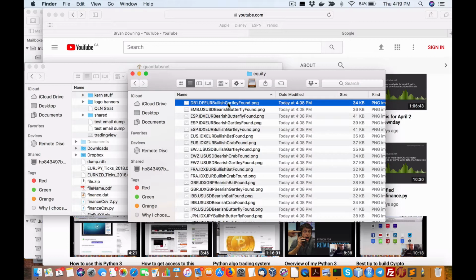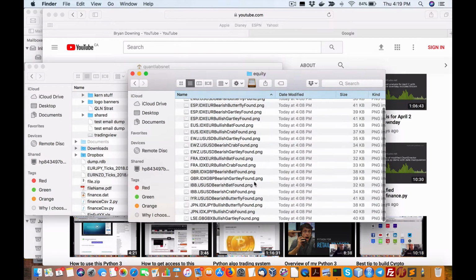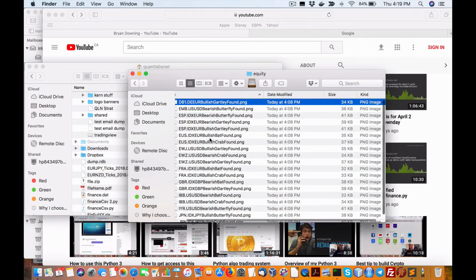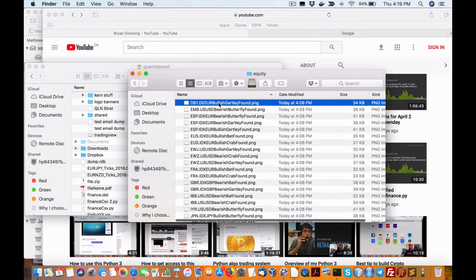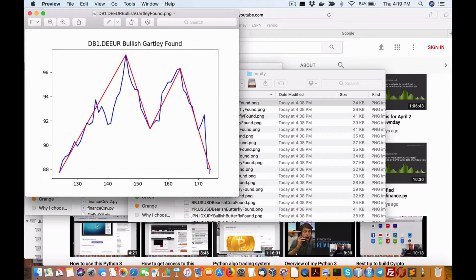These are the indices. We have different types of charts: Gartley, butterfly, crab, bat, and I think there's another one as well. Anyways, let's go through these. Again, these are the latest data points.